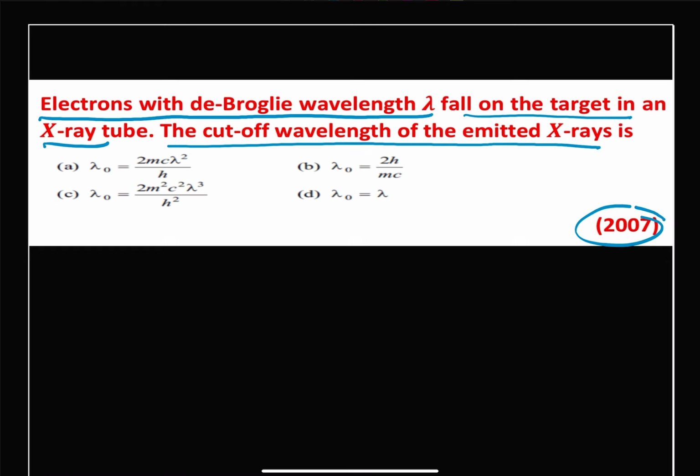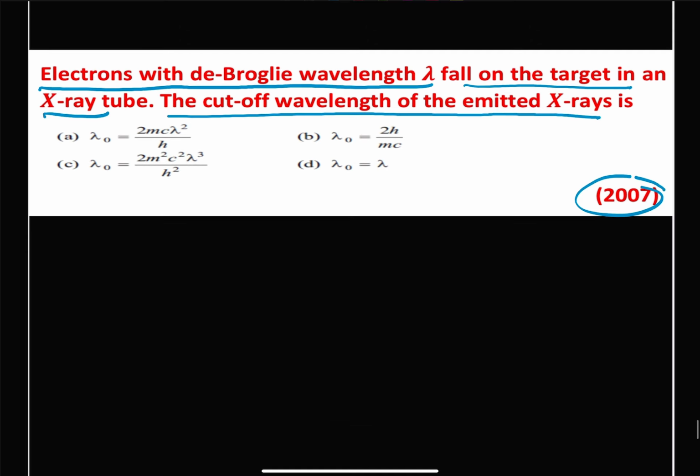In this case, we are going to use the electron momentum along with our de-Broglie wavelength. So de-Broglie wavelength is given as lambda. So we can say our lambda is equal to h upon momentum p. So from here we can say our momentum p is equal to h upon lambda.